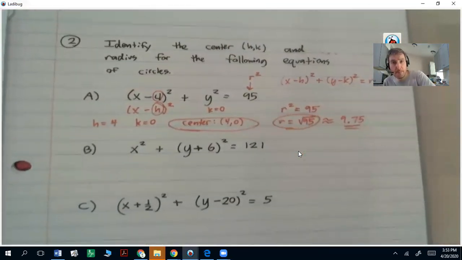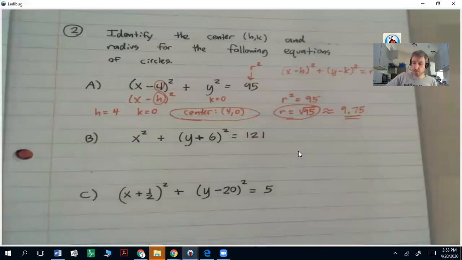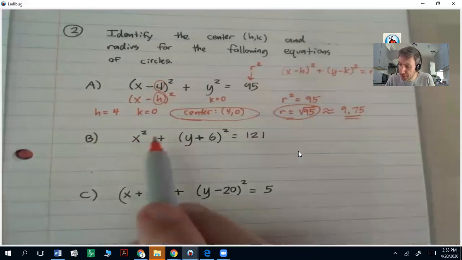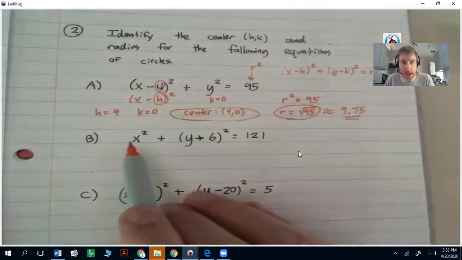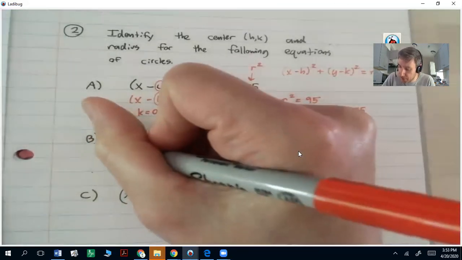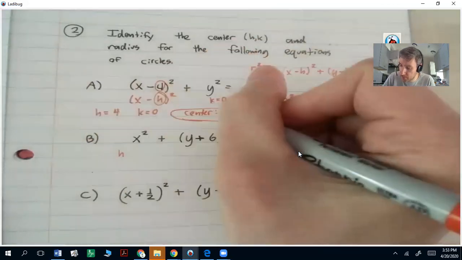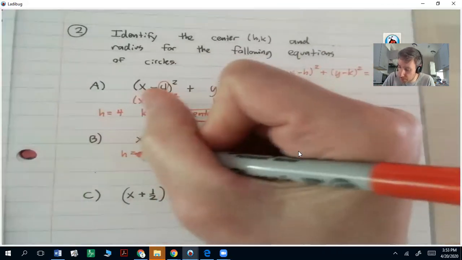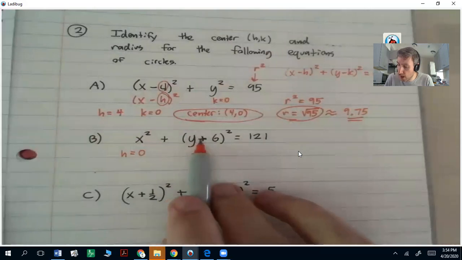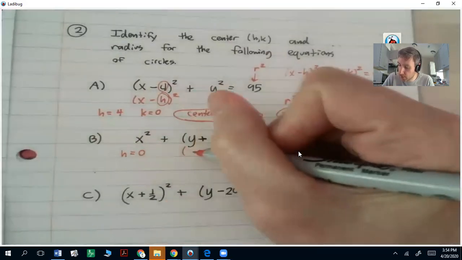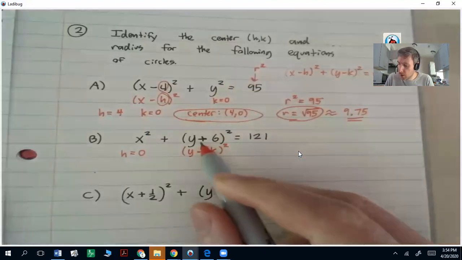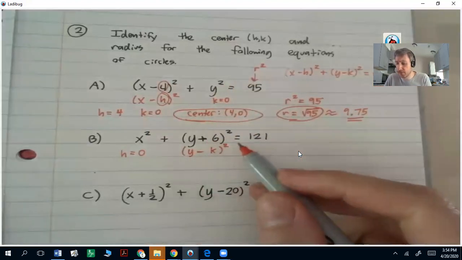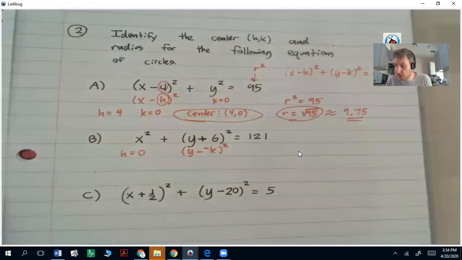All right, let's look at letter B. Letter B has x squared. Like the y up here, there was no number being added or subtracted to it, so that h value, the x value of the center, is going to be 0. This says y plus 6. Now this would be (y - k) squared, but if it were a double negative, that would give you a plus.